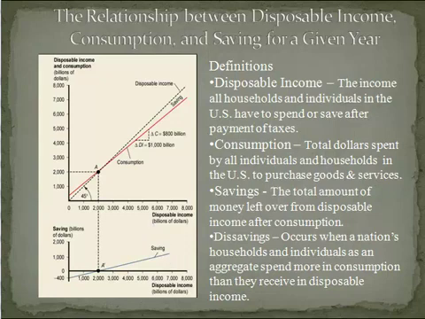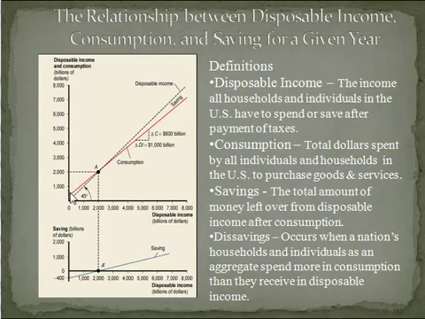These graphs represent the relationship between disposable income, consumption, and savings for a given year. This diagonal line represents disposable income, or money that you and everybody else in the United States takes home after taxes. So this $2,000 here represents the disposable income, and this represents the disposable income and consumption levels.